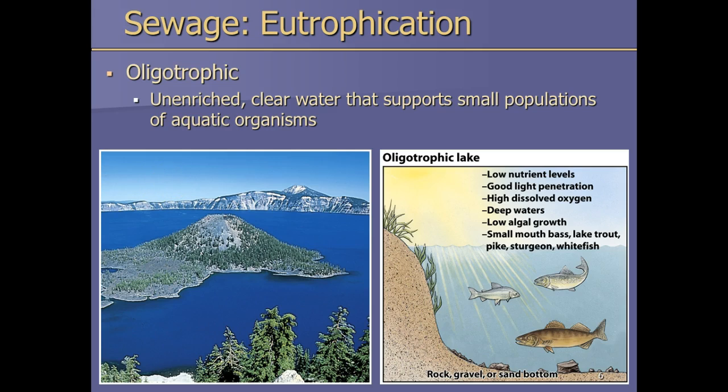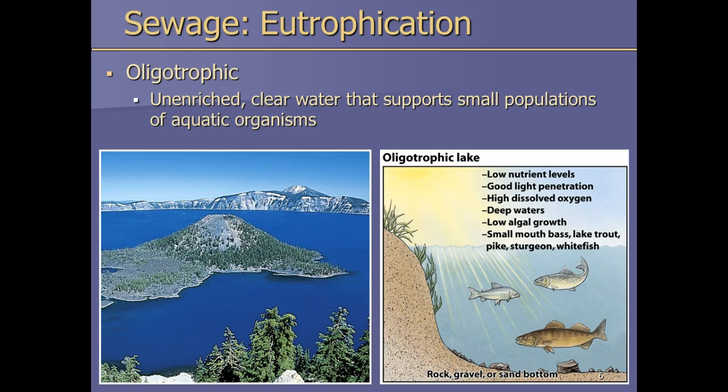Okay. We're looking here at an oligotrophic lake, which is a clean, good, healthy lake. These are the characteristics of that clean, healthy lake: low nutrient level, light penetration, high dissolved oxygen, deep waters, low algal growth, and biodiversity. You're looking here at fish species that are oxygen lovers.